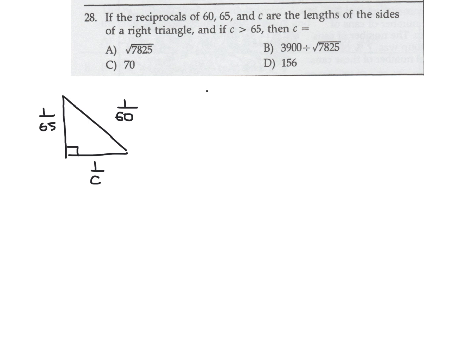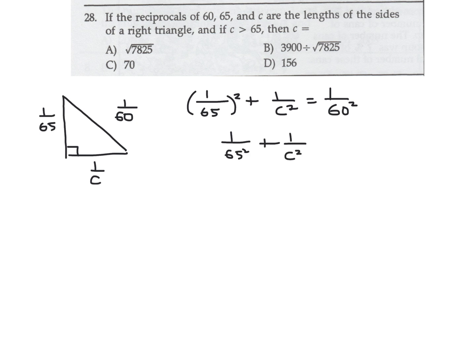So if that's the case, we would get 1 over 65 squared plus 1 over C squared is equal to 1 over 60 all squared. Correct? So 1 over C squared would be 1 over 60 squared minus 1 over 65 squared.